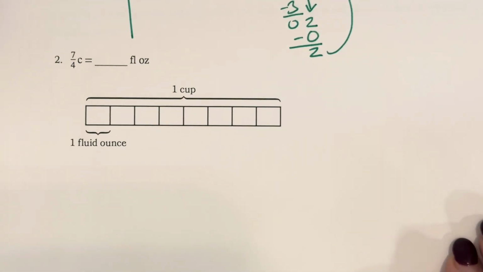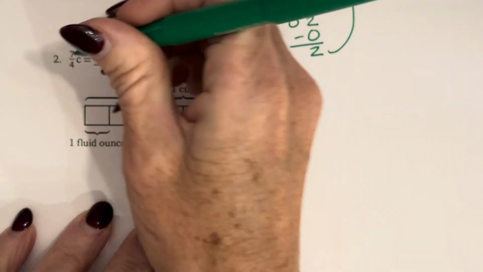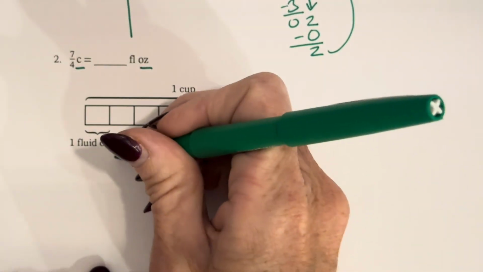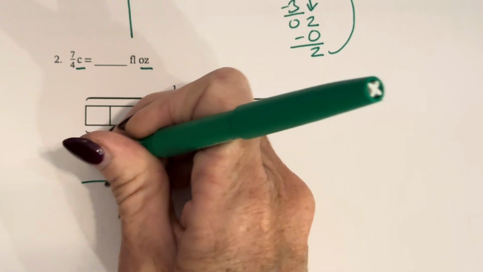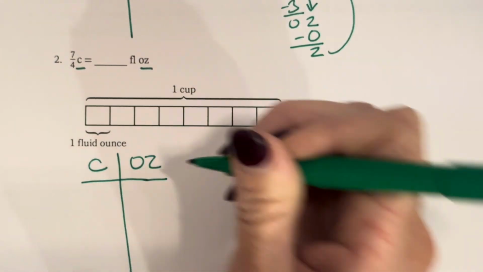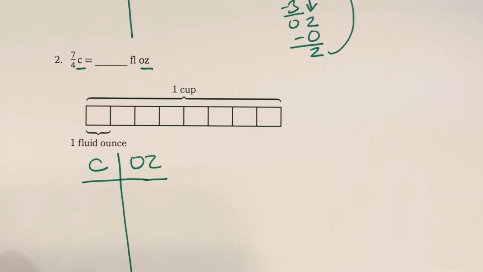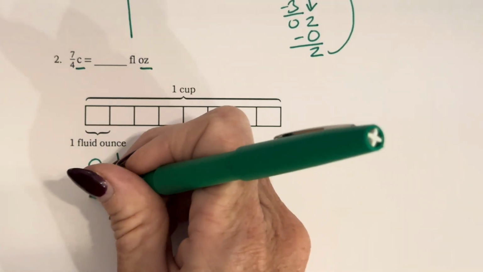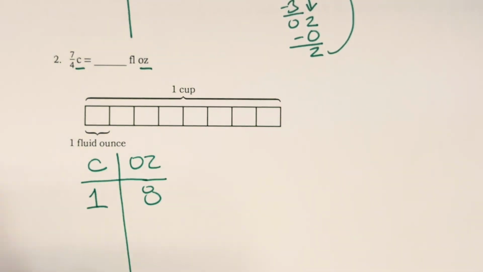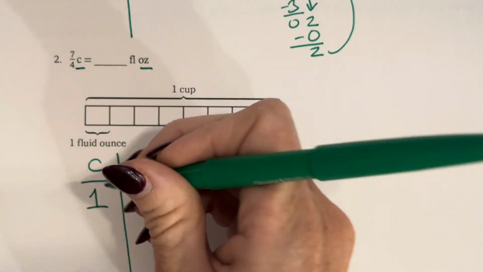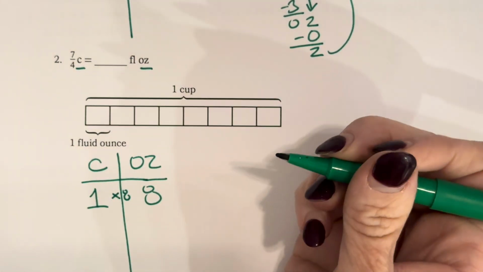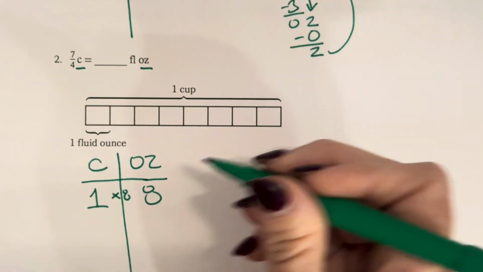We are going from cups to ounces, so let's set up our table. Using my note sheet, I know that 1 cup is 8 ounces. So what do we multiply by? 8. 1 times 8 is 8.